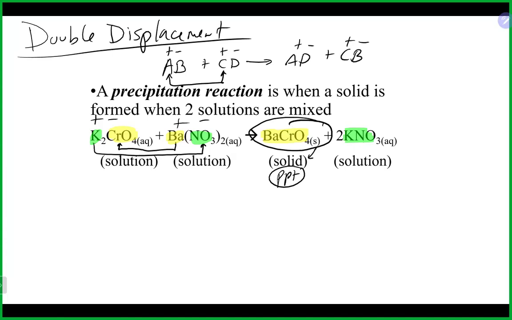A more specific classification is that it is a precipitation reaction. Why is that important? That is one of the three reasons why a reaction takes place, that a solid is formed, and this meets that, since we are making a solid in this case.